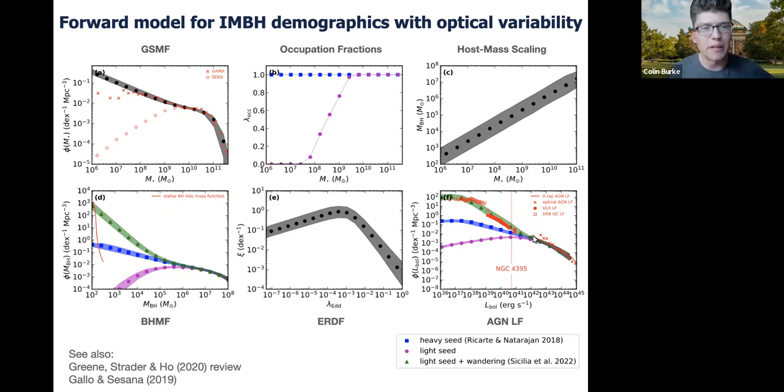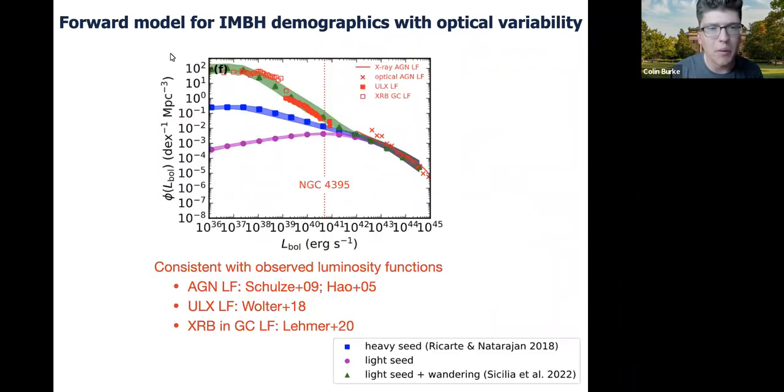But to try to root things a little bit further to make sure we're not crazy, I've also plotted, let me go to the next slide, I think I blew it up here, I've also plotted the luminosity function in the filled squares of ULXs, ultraluminous X-ray sources, which some may be IMBHs, and some may be smaller things like neutron stars or stellar mass black holes that are super Eddington accreting.